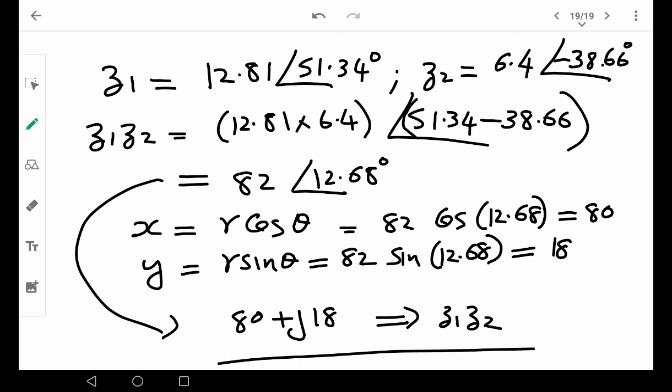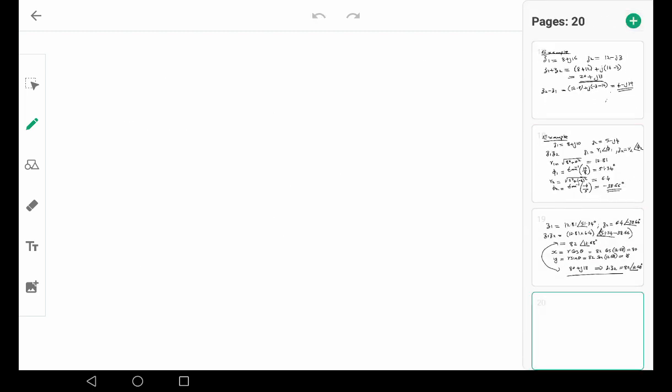Both are the same, equal to 82 angle 12.68. Understand?